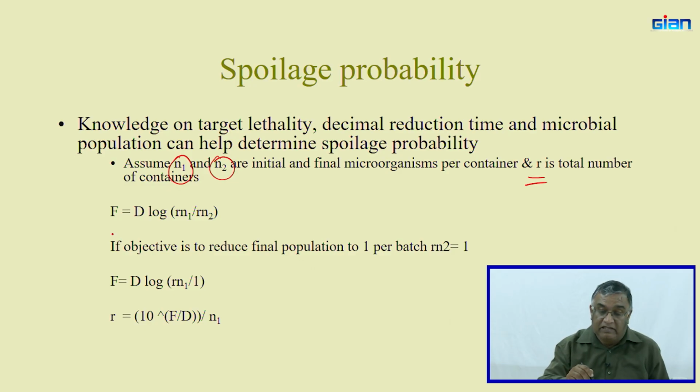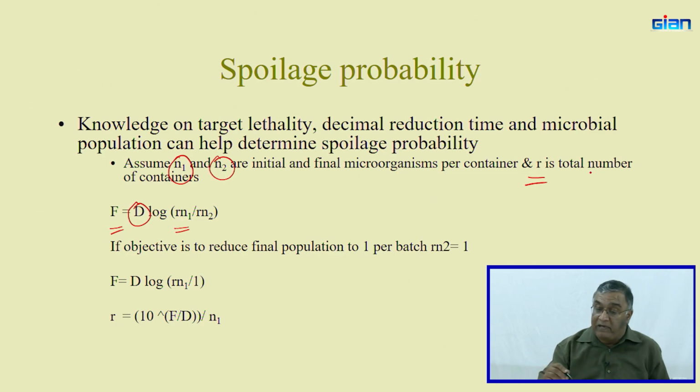Based on this, for your F value calculation, you have a certain decimal reduction time. So, each container has N1 population, and you are processing R cans, so R times N1 is the initial population.